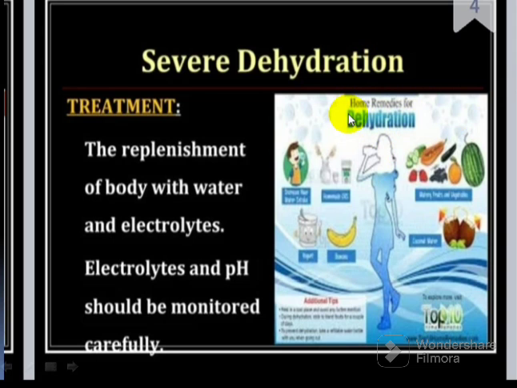So now, if the cell is not taking glucose, of course, it will also lack water. And what happens to it? It's going to shrink and die. That cell becomes dehydrated. It's also lacking nutrients and water. So it's going to shrink and die, if that condition is not given urgent medical attention.